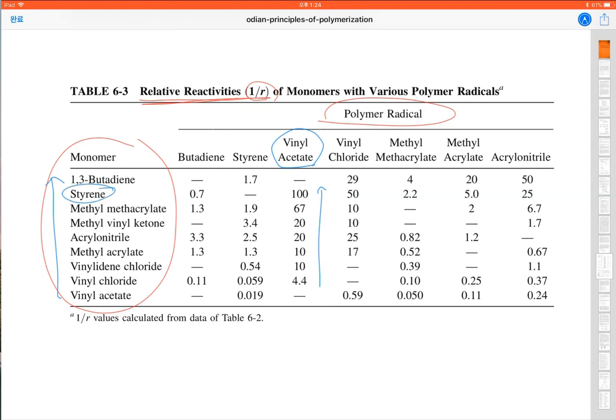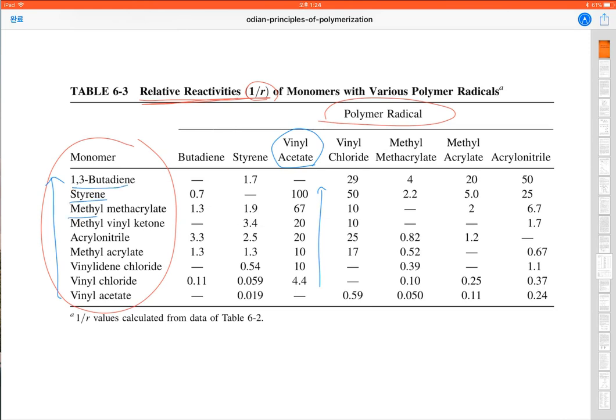On the other hand, if we fix the monomer, for example, styrene, sorry, butadiene. Fine. So the order is actually different from here.